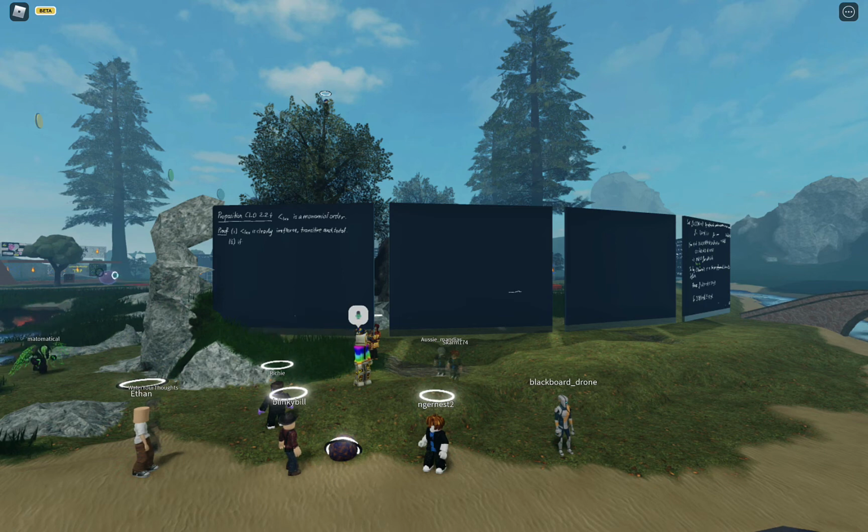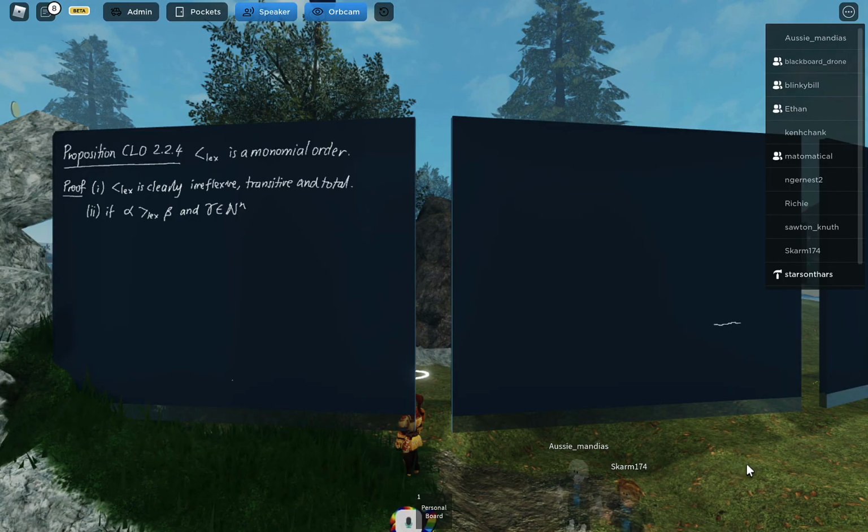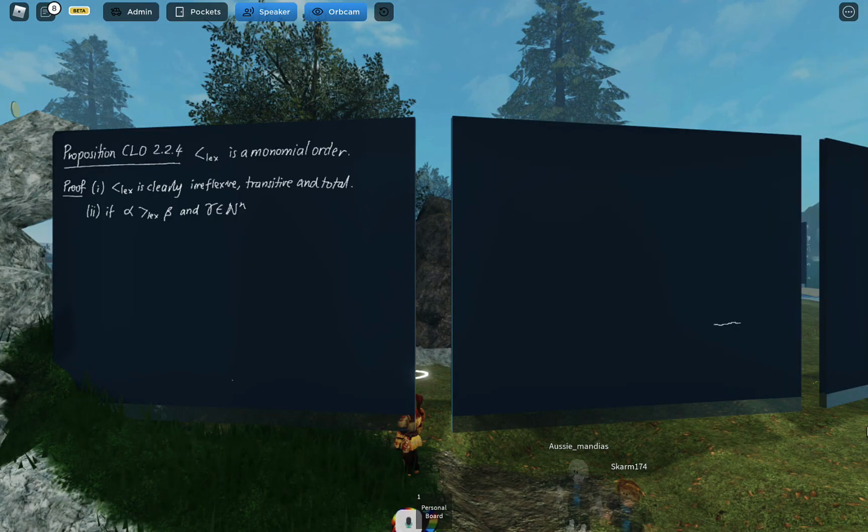The second says that if I have this relation and some monomial gamma, then alpha plus gamma is greater than beta plus gamma. And that's true because to compute whether alpha plus gamma is greater than or less than beta plus gamma, I'm going to take the left-hand side and subtract the right-hand side.